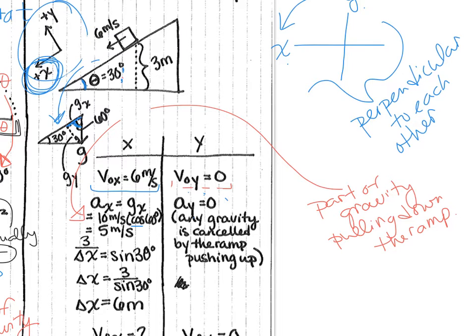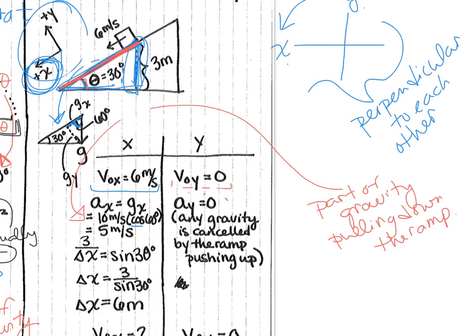If I know the height of this ramp, that's not really helpful to me because it's neither in the x or the y direction. So I need to figure out what part of that height is motion in the x direction, which basically just means I'm finding this side of the triangle, this red side here.